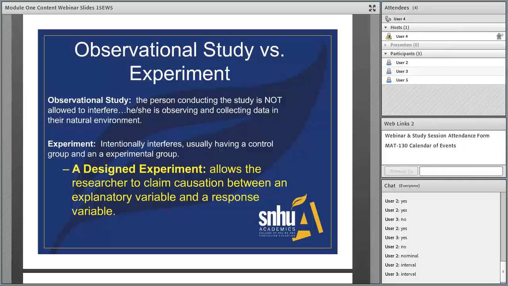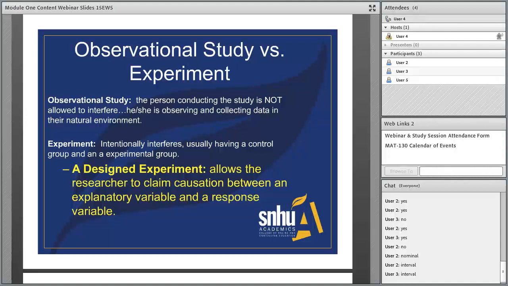So a designed experiment is the only thing that allows a researcher to claim causation between two variables, an explanatory variable and a response variable. If you're doing an observational study, like a survey, you can say that there's a high correlation, and in module 4 we're going to talk a lot about what correlation is.